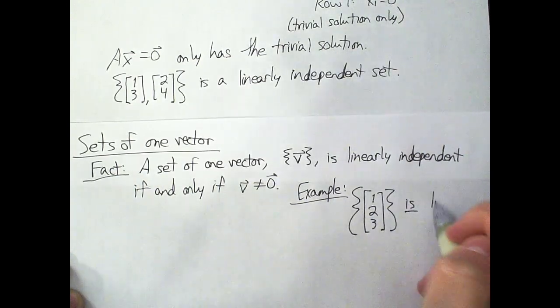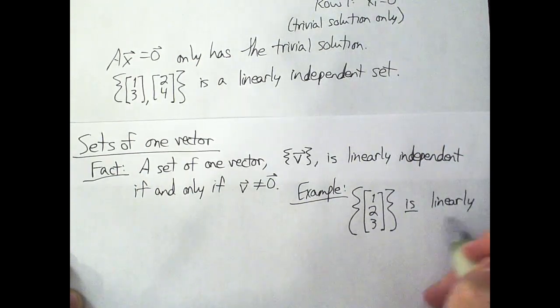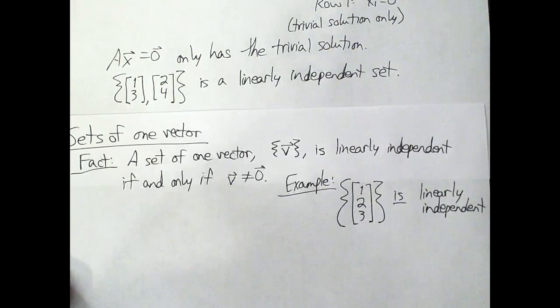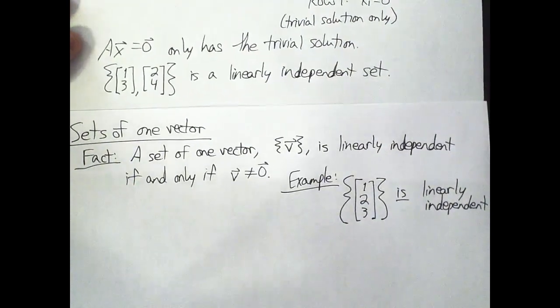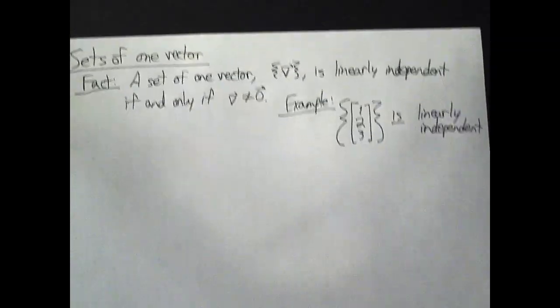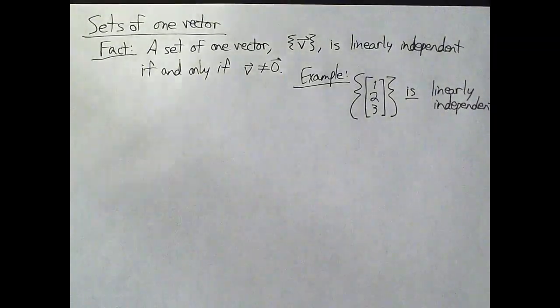This is linearly independent. How do I know it's linearly independent? Because it's only one vector and it's not the zero vector. Boom, we're done. We're using this fact as a shortcut. And that does kind of follow from the definition from earlier.